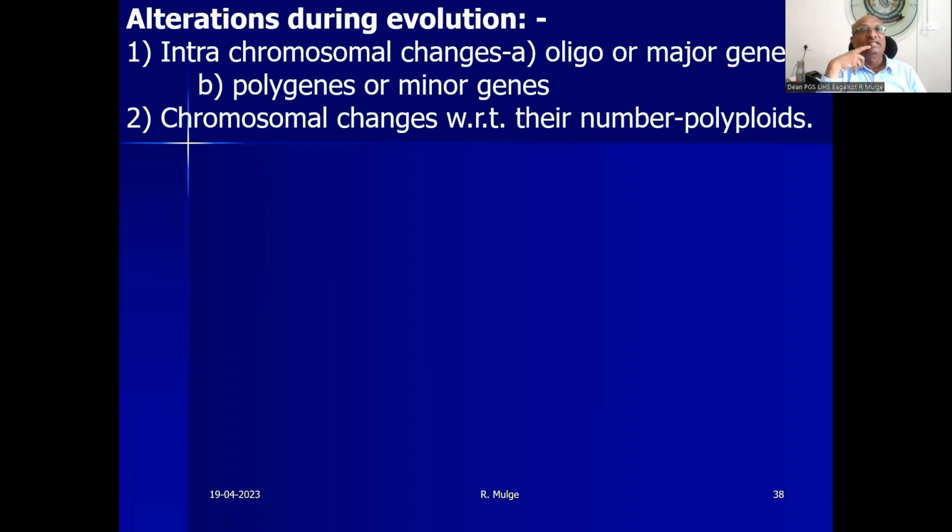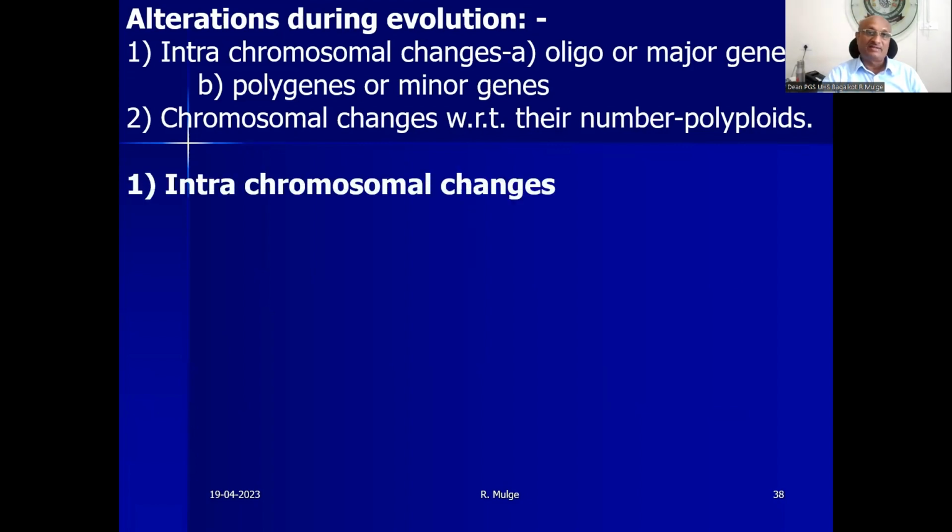You know the difference between major and minor genes. A major gene is one gene with a big effect, whereas a minor gene has a small effect, like polygenes. Then there are chromosomal changes with respect to number and ploidy. A lot of variation can be found in chromosomal changes, right? All chromosomal operations, aneuploids, or even away from the diploids, all changes you can get during evolution.